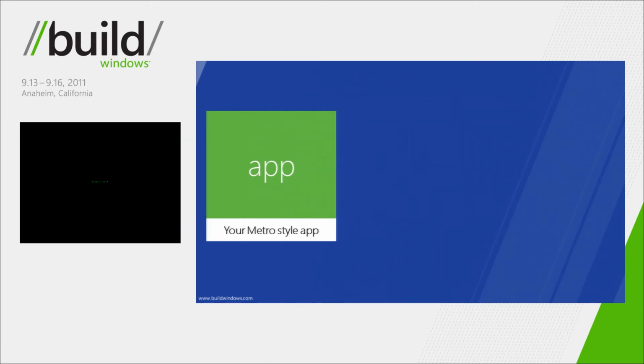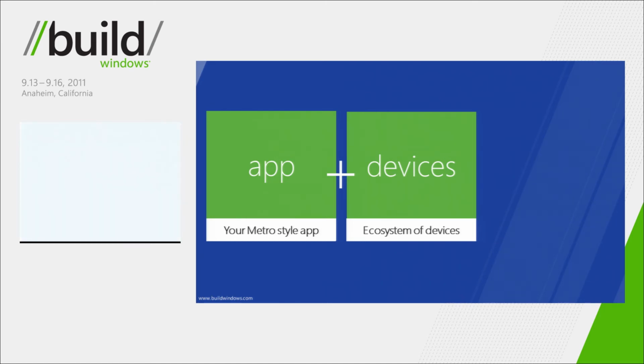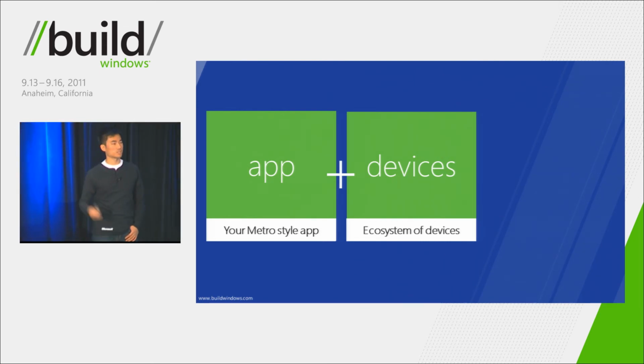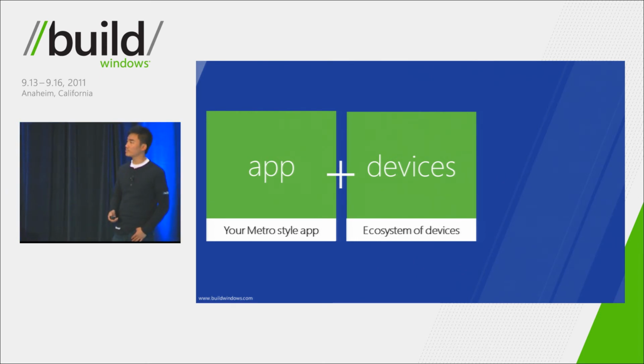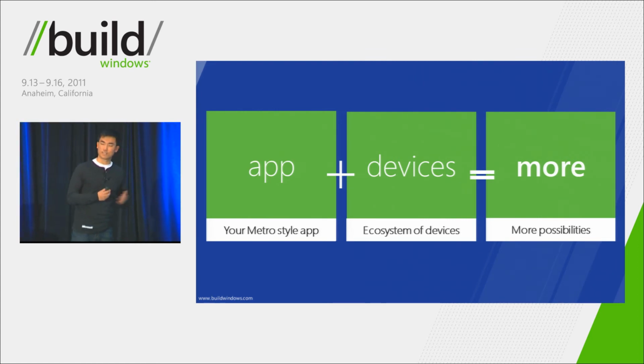So by taking your Metro-style app, you can use devices in that app. And by devices, I mean obviously all the devices that Windows supports. We talked about cameras and GPS devices and so on. And by adding that equation up, what do you get? You really get more possibilities in your application. We're really excited.